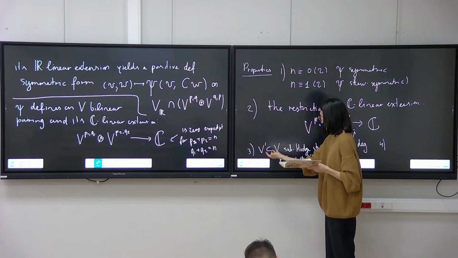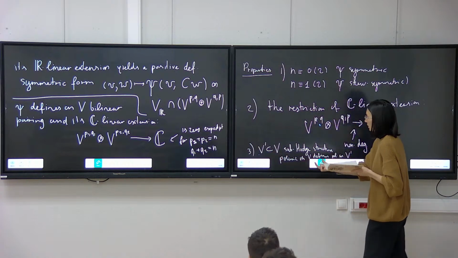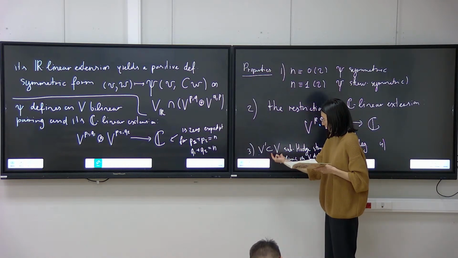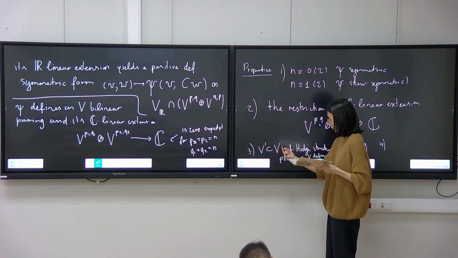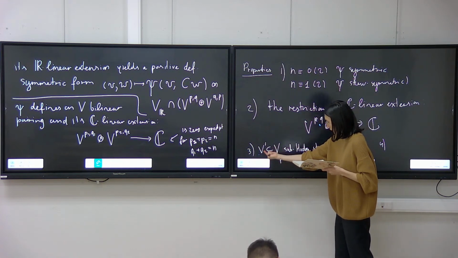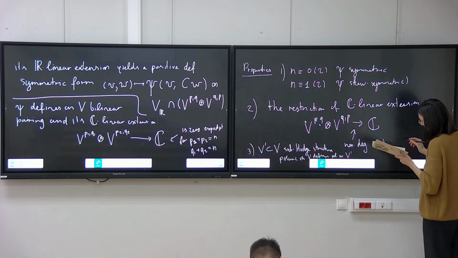If these two Hodge structures are rational, then suppose that this is a polarized Hodge structure, then V prime is also polarized.